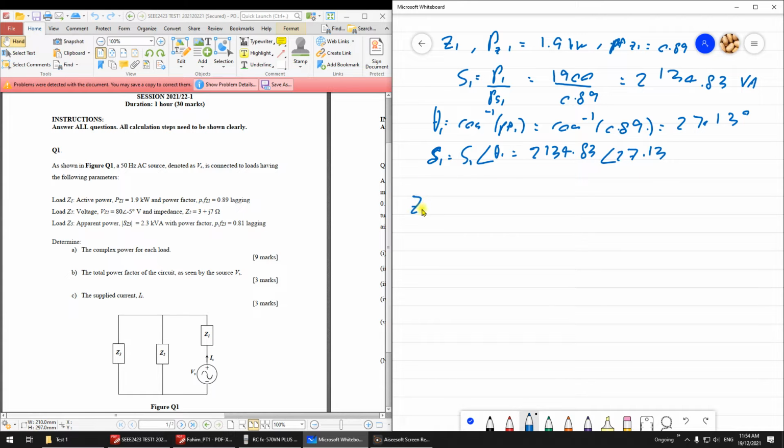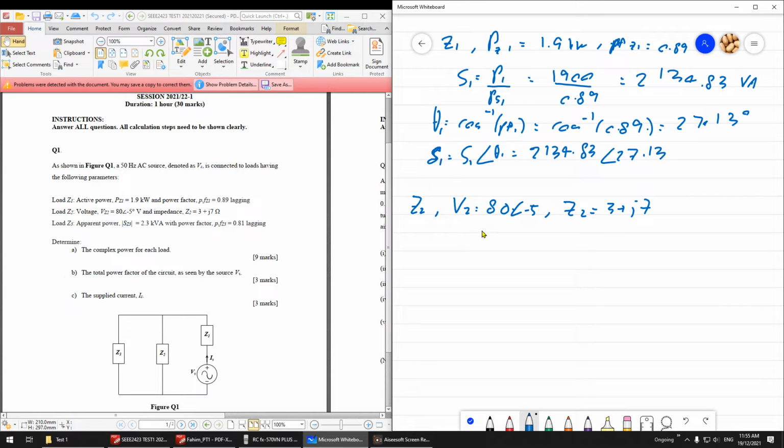The second one, Z2. You have V2 equal to 80 angle -5, and Z2 equal to 3 plus j7. The shortest way to find the answer is to use the formula.